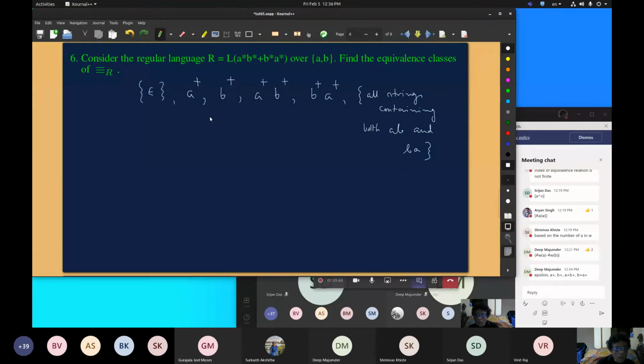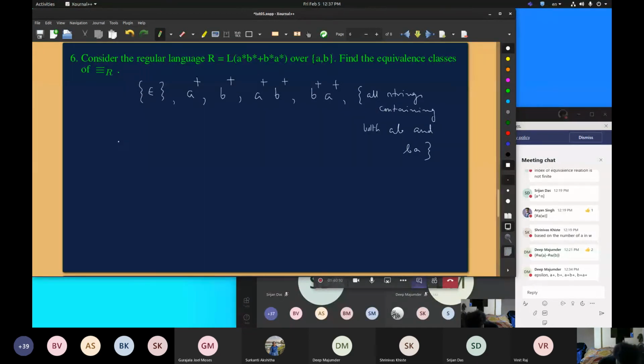So you have to prove that, how many classes? 1, 2, 3, 4, 5 classes. You have to show that they are pairwise disjoint. So no string of the form B plus can be equivalent, for example, to a string of the form A plus B plus. Why?